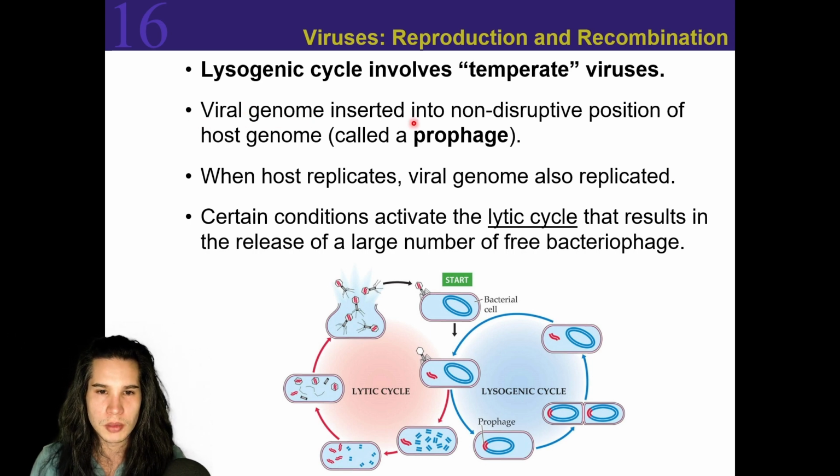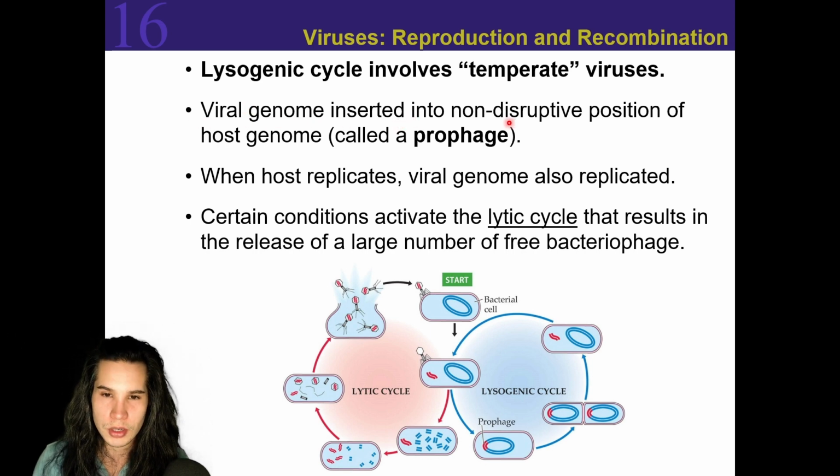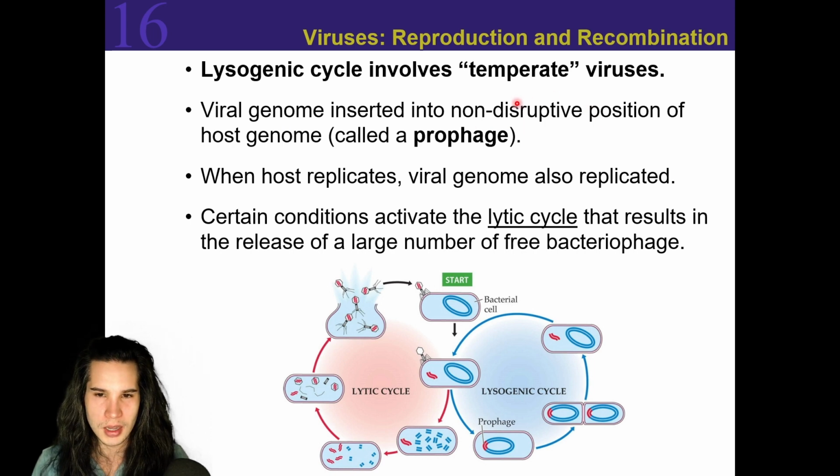So the viral genome is immediately inserted, hopefully for the virus, into a non-disruptive position in the host genome. We would call it a prophage at that point. The virus's location within the bacterial genome would be a prophage. And then when the host replicates, the viral genome is replicated along with that.